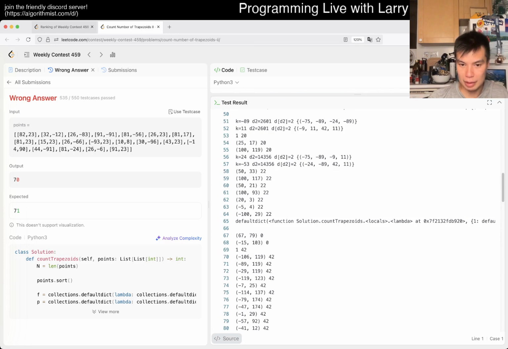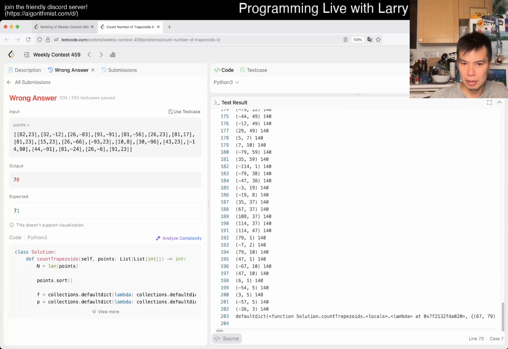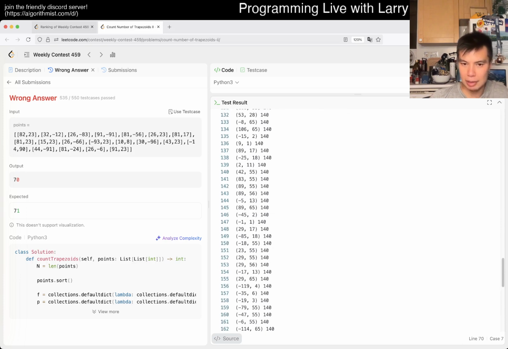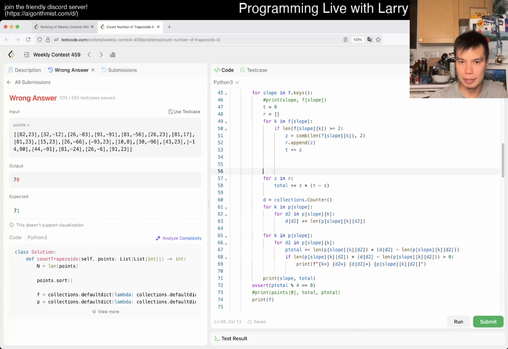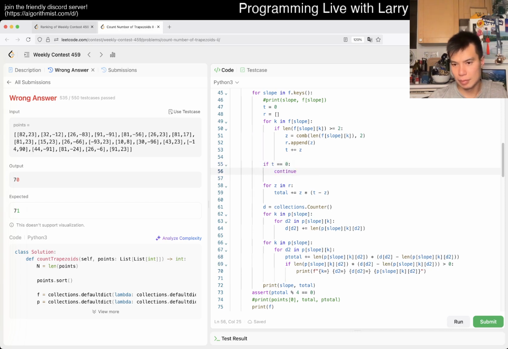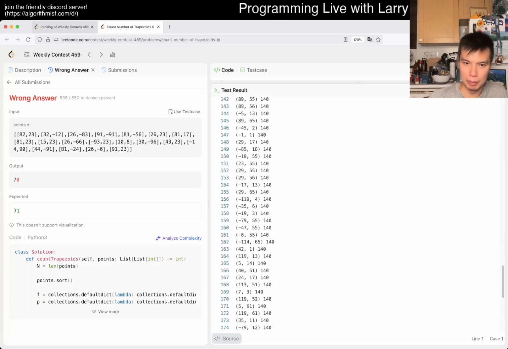Okay, so this has 20. This is the one with the 21, I think. But I don't even know. A lot of these are just zeros. This just reduced the number of prints.